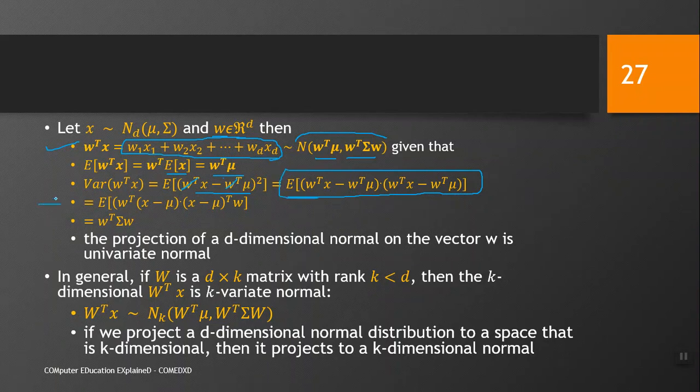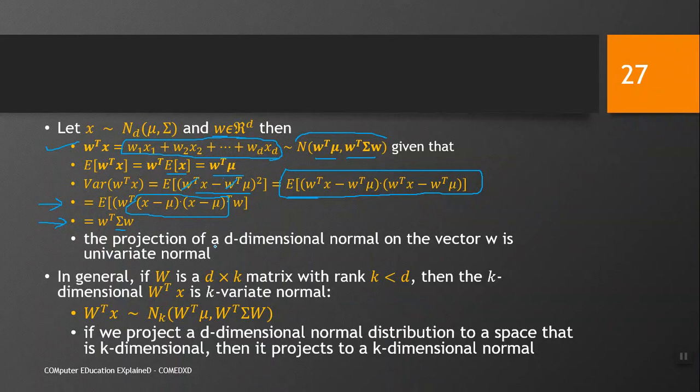Further we can simplify here, and it becomes finally this, right? Here we can see that the covariance matrix has been used. Look at this and try to understand how the covariance matrix has come up.